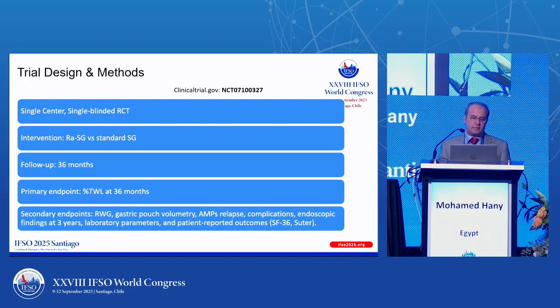So we conducted a single-center, single-blinded RCT of ring augmented sleeve gastrectomy versus standard sleeve gastrectomy. We followed up the patients for 36 months. The primary endpoint was the percentage of total weight loss. Many secondary endpoints were studied: recurrent weight gain, gastric pouch volumetry, metabolic abnormalities, complications, endoscopic findings at 3 years, lab parameters, and patient-reported outcomes.